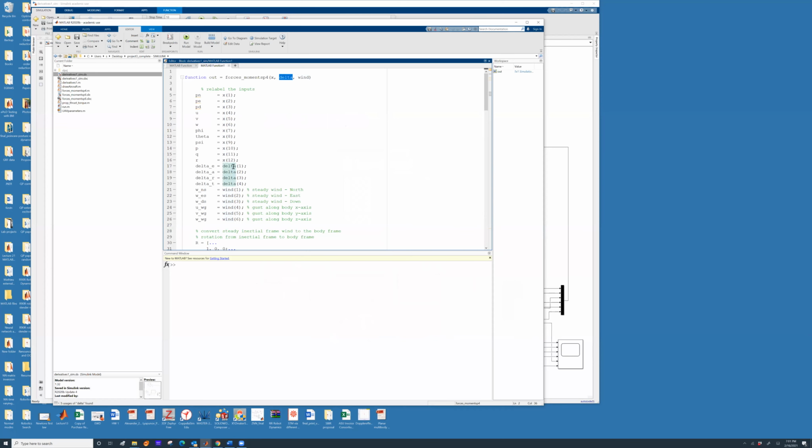You can either add a gain term over here, which is pi by 180, or you can add a gain term in your Simulink block. But elevator, aileron, and rudder need to be converted to radians because that is how the implementation is.